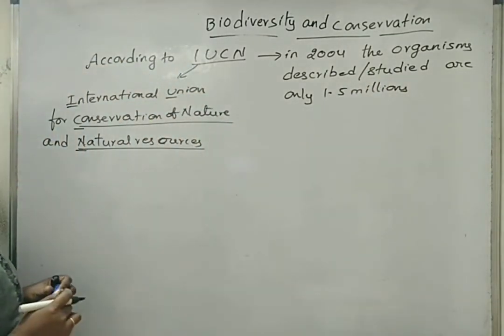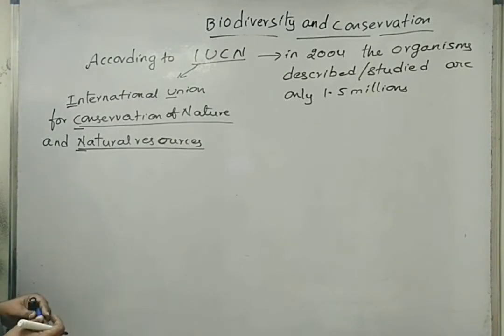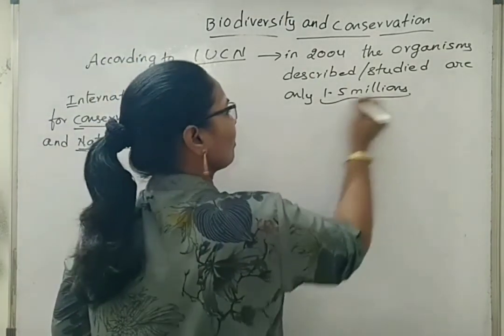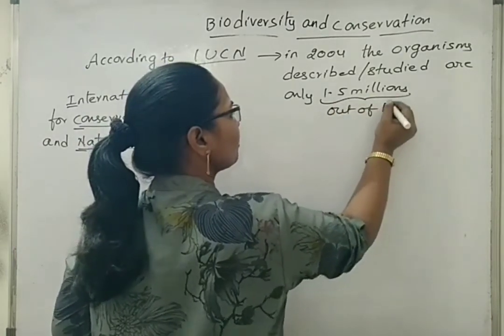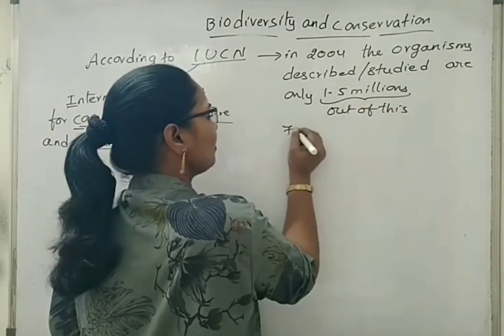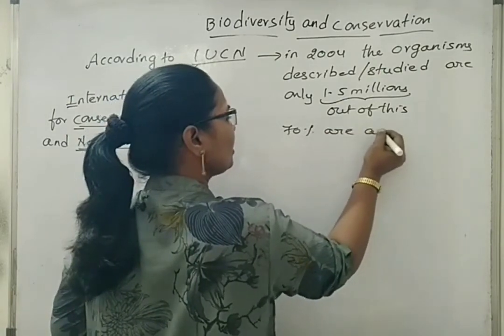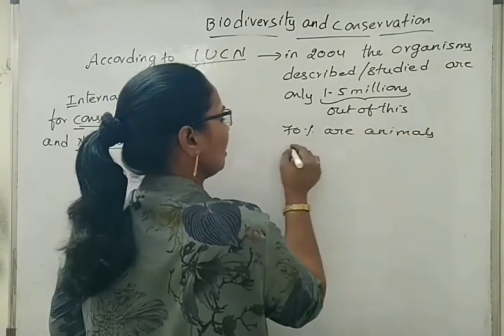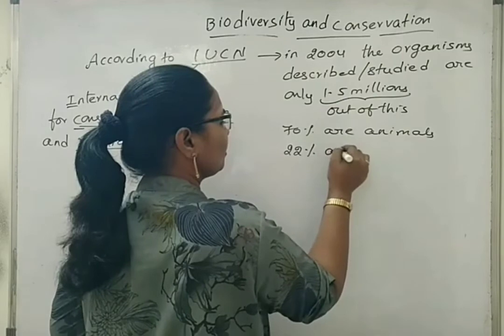But out of those 1.5 million varieties of organisms, 70% are animals and 22% are plants.